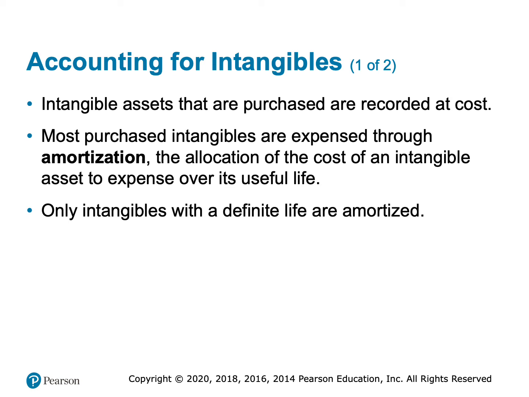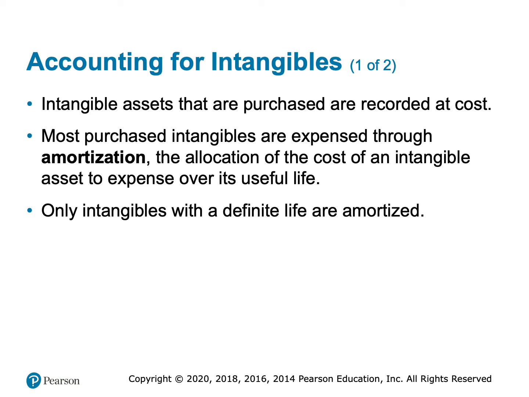Again, I'm not going to make you compute intangible asset amortization. I just want you to know that intangible assets are amortized. I also want to point out that we're going to use the term amortization and amortized in chapter 12 when we talk about bonds. Bonds are amortized. Bond amortization and intangible asset amortization are two completely different things, and I really don't know why we use the same term for both of them.